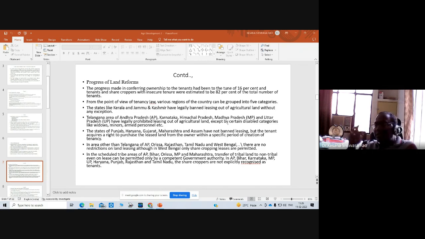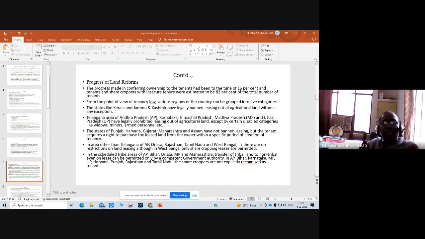In that way, insecurity can be created, because the law is not in a position to protect the persons who are tilling that land. That is more in India. 82% of the land is insecure, because the majority of the people who are taking land on rent are not secure enough. That is what we can try to discuss.